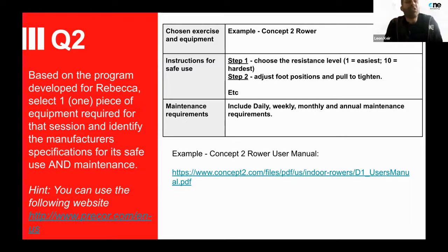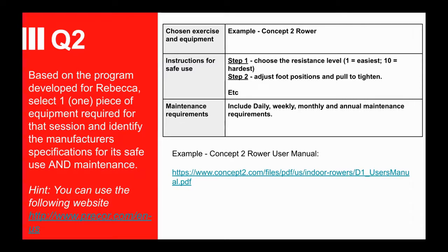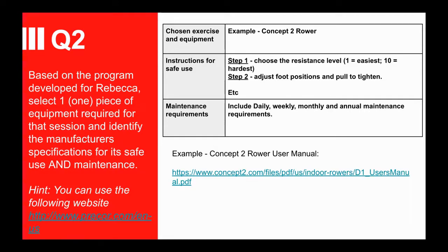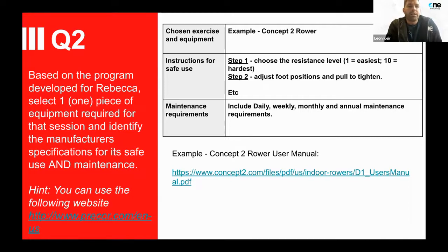Weekly, there's not really weekly maintenance that you would do on it. Actually, you know what, for weekly maintenance, you might just check the rower for battery life and check the rower for general maintenance. Okay.